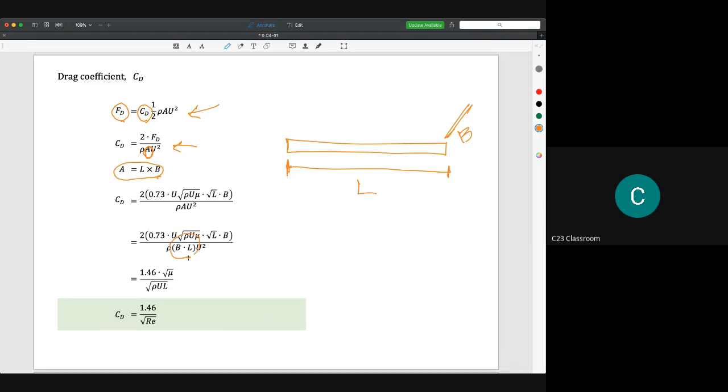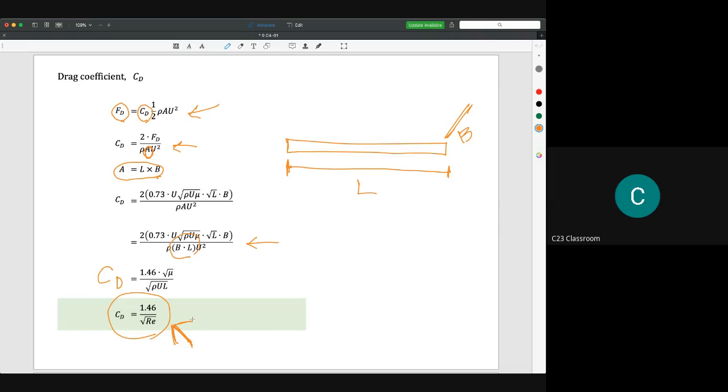And then we can get the final term of CD as 1.46 over the square root of mu over rho U L, and then we can simplify this term into this term. Sometimes when you cancel too much, you might not get the square root of mu over rho U L. So please make sure that you do something to get your final answer in terms of the Reynolds number, because this is the official way to represent your CD.